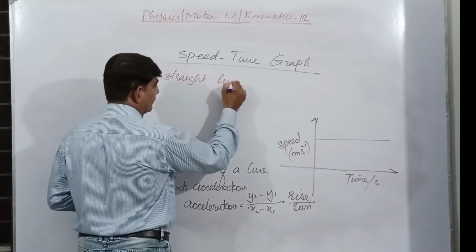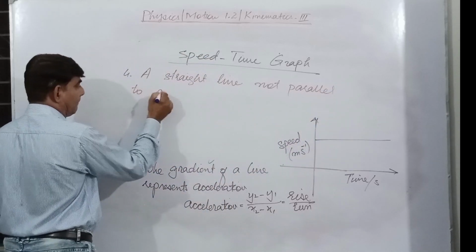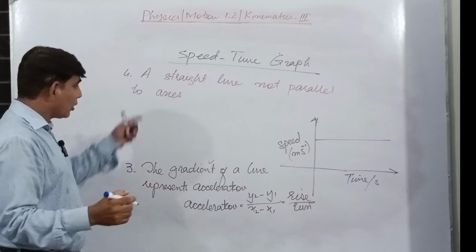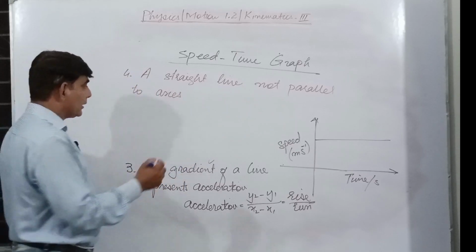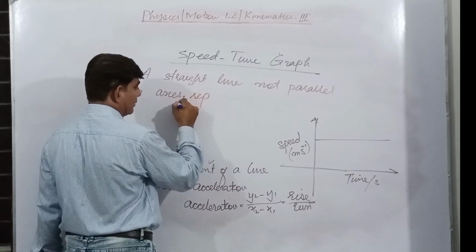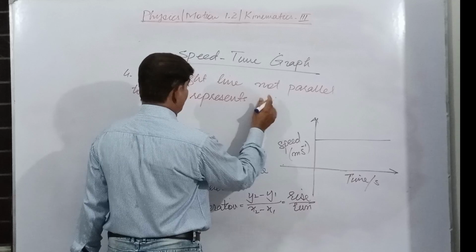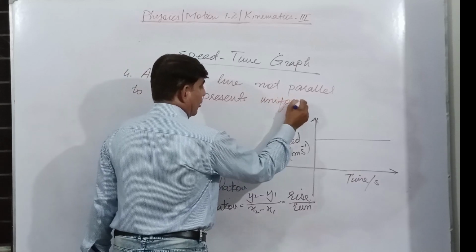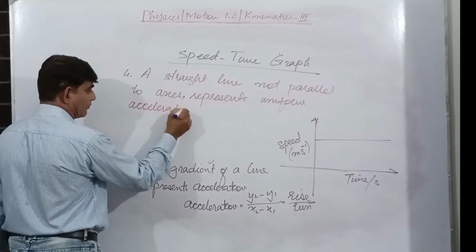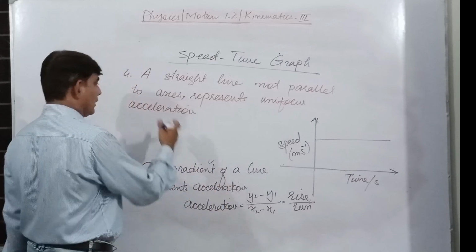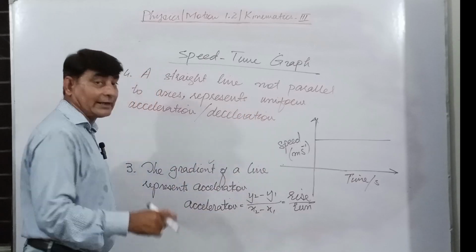A straight line not parallel to the axis, not parallel to the x-axis, not parallel to the y-axis, represents uniform acceleration, either positive or negative, represents uniform acceleration or deceleration, or one can say retardation as well.